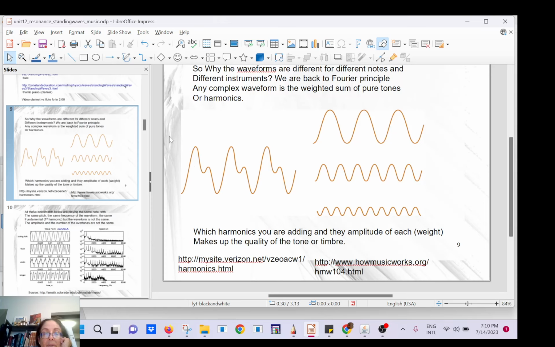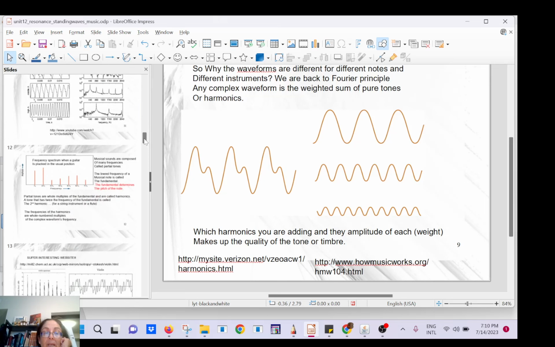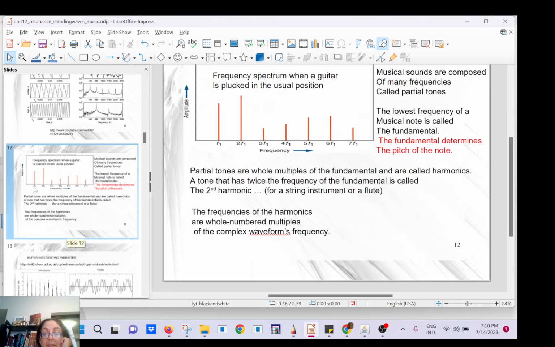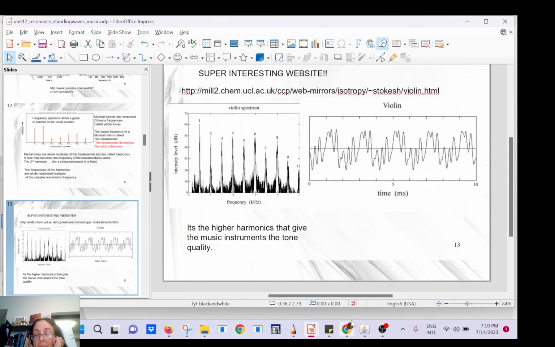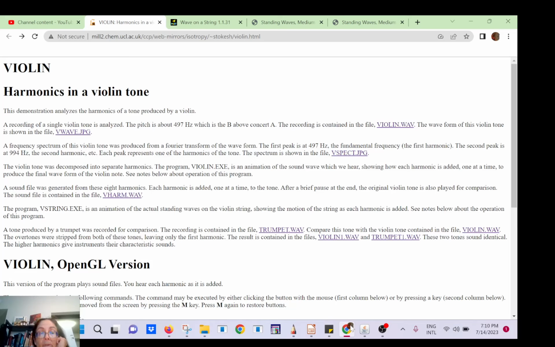But the most important one, the one that will make the pitch, is the first fundamental. We discussed that last time, but that website is great because you can hear it. The recording here is a violin, and the pitch is B above concert A.